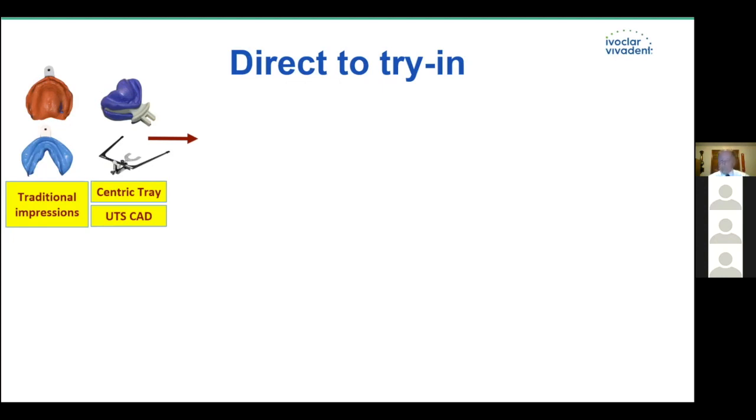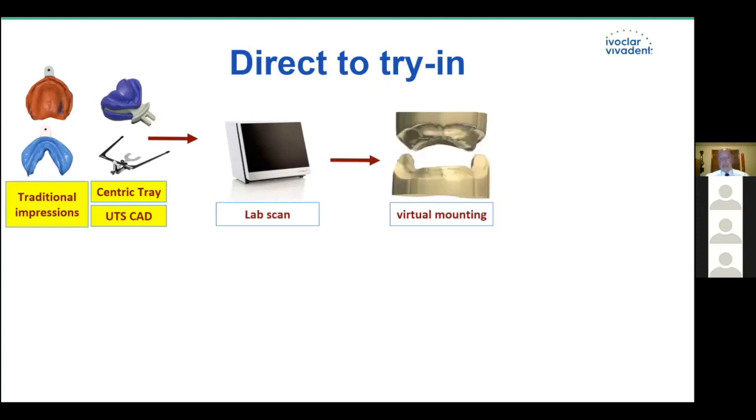The UTS CAD looks like a Facebook. It's not a Facebook, not really. What it does is give us some patient facial information. It attaches to the centric tray, and this direct to try-in workflow is a very nice workflow when you have to start from scratch. So we do a laboratory scan, and we bring in the casts in a relationship according to the centric tray jaw record.